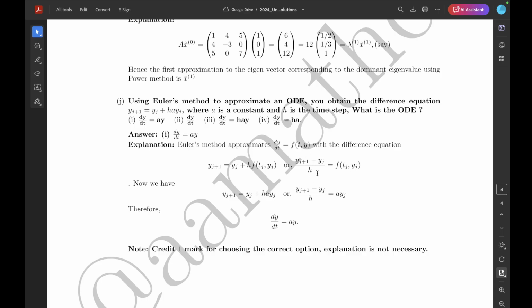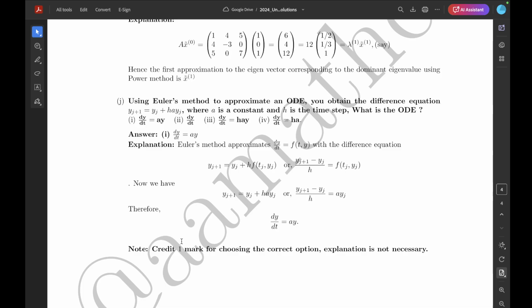Actually this (y(j+1) minus y_j) divided by h represents dy/dt. Now we have y(j+1) equal to y_j plus h a y_j, or (y(j+1) minus y_j) divided by h equal to ay. So this is dy/dt, and this is equal to ay. So the correct option is dy/dt equal to ay.